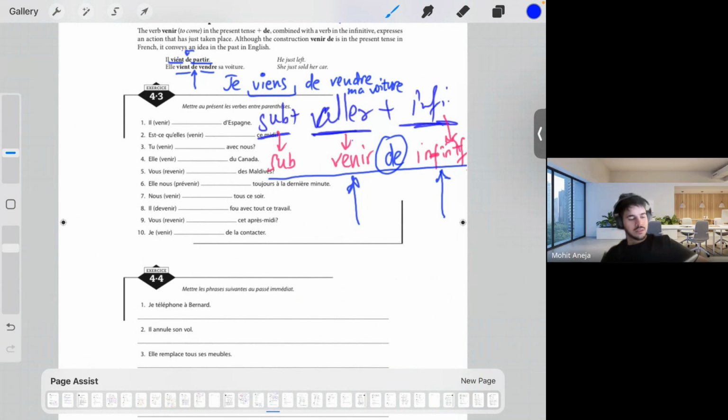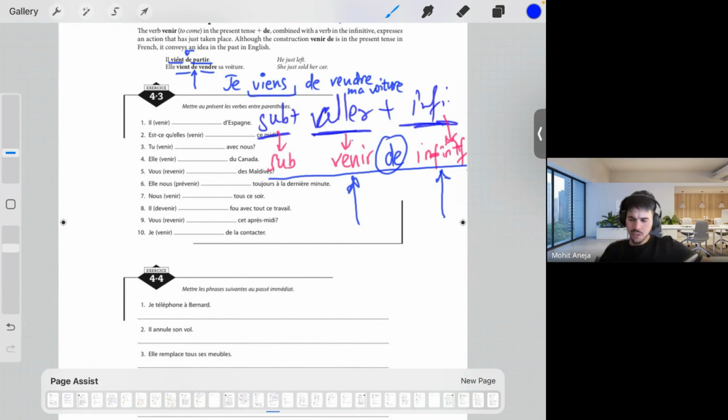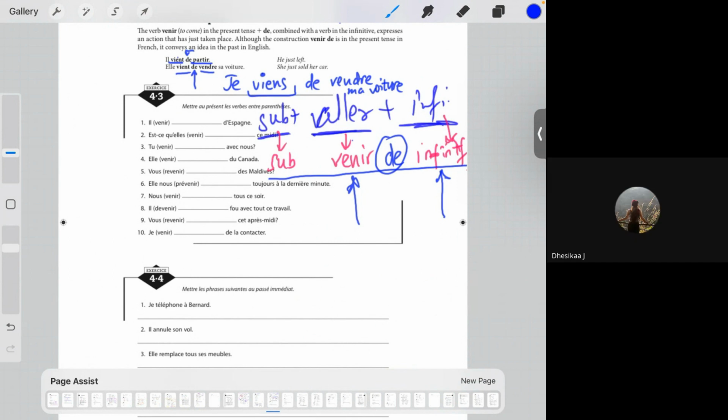Very nice. Can you give me one example of futur proche, for example? Je vais apprendre de la langue française. No, we don't use the preposition de after apprendre. Apprendre la langue française.